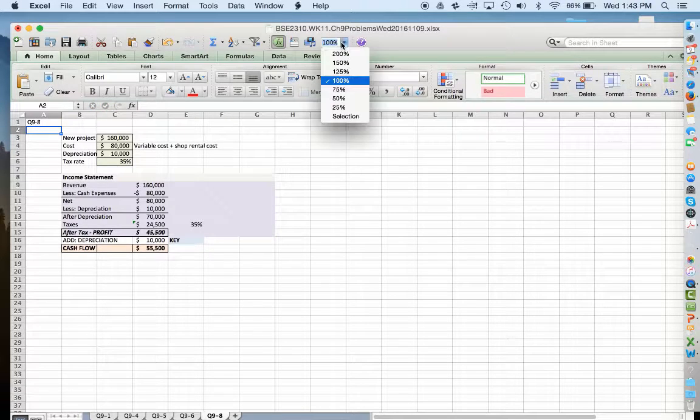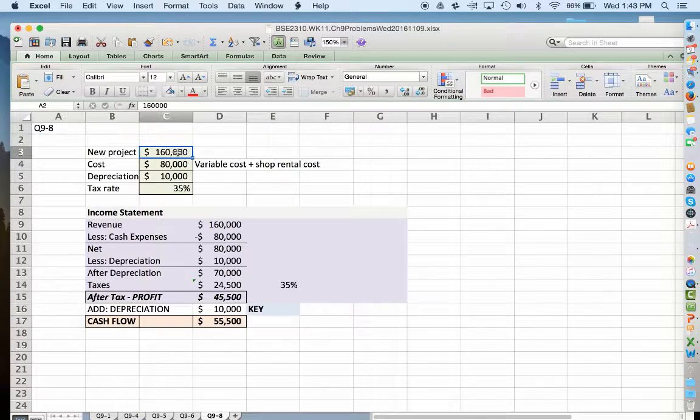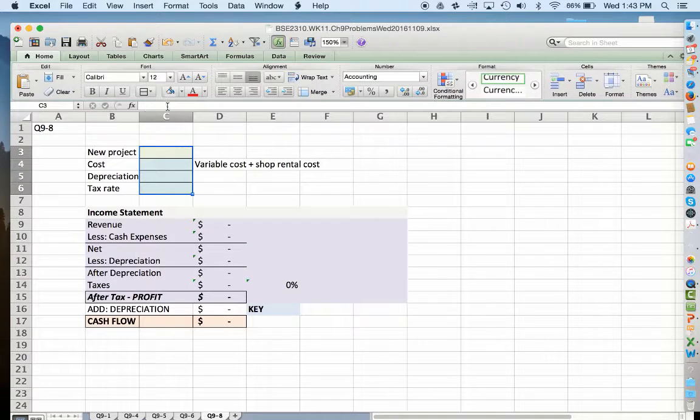Same thing, copy that, and take 2 or 3 minutes, do number 8. And we're going to do a slightly bigger problem before we wrap up.